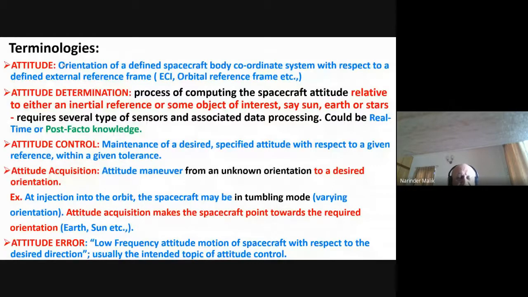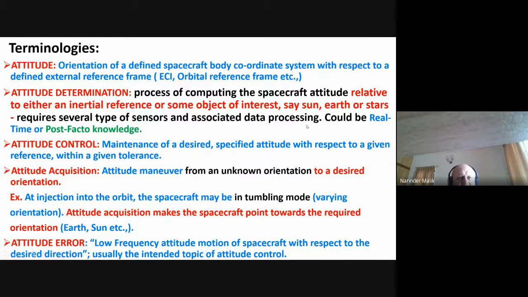That is, you define the X, Y, Z axes of the spacecraft and its orientation with respect to a defined external reference. It can be an inertial reference, it can be an orbital reference, some frame of reference. It's the orientation of the body. Body is defined by the body axes X, Y, Z.